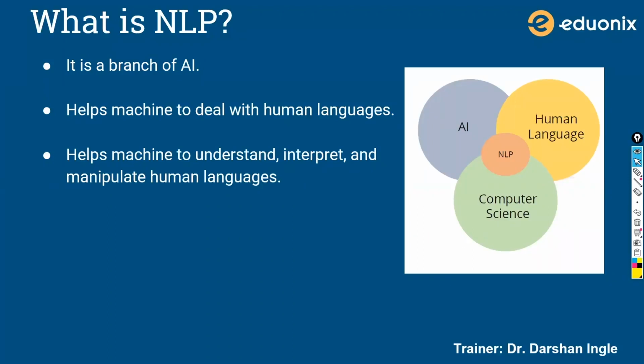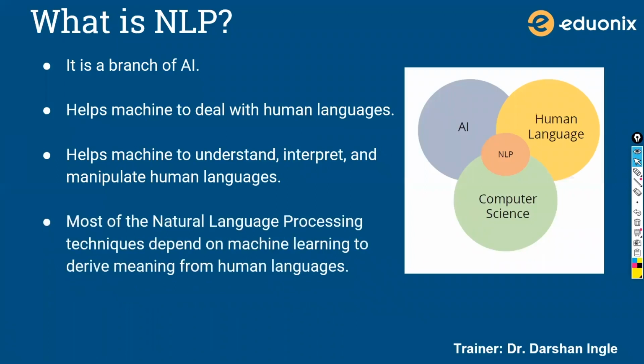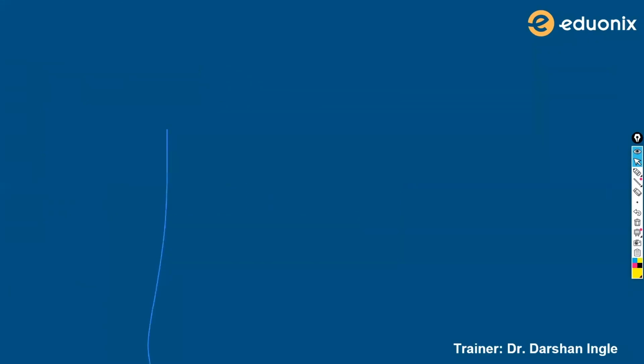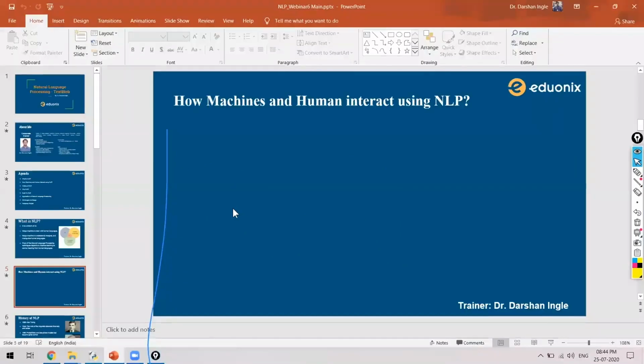So always remember, whenever I talk of NLP henceforth, just remember the Amazon Alexa product, so that you will have a good idea of how a machine is communicating with an individual. Now, most of the natural language processing techniques depend on machine learning to derive the meaning from common human languages.